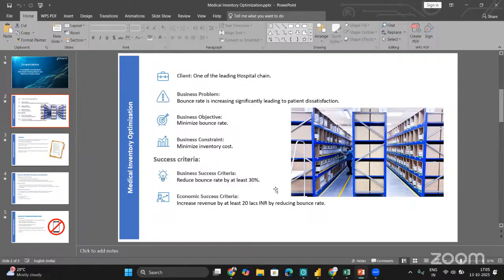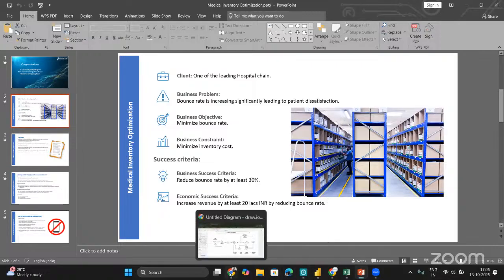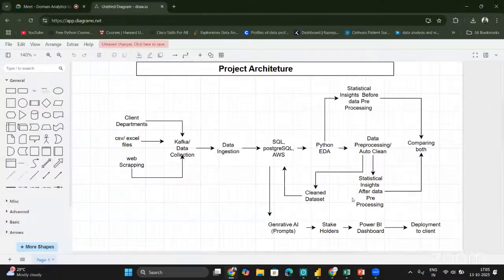Okay guys, for our project there is a project architecture.